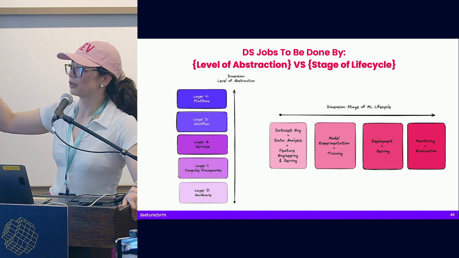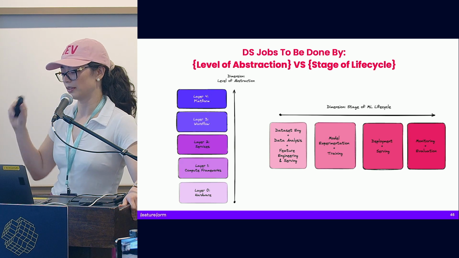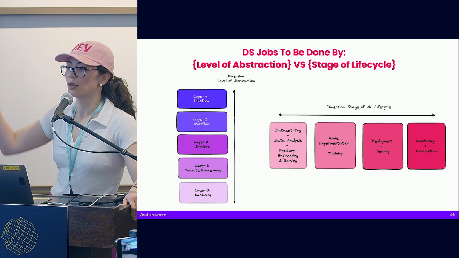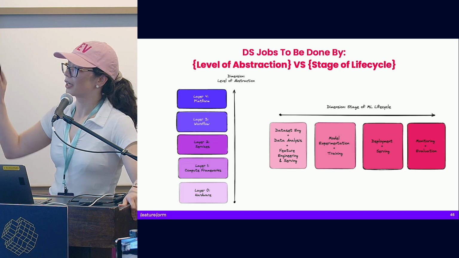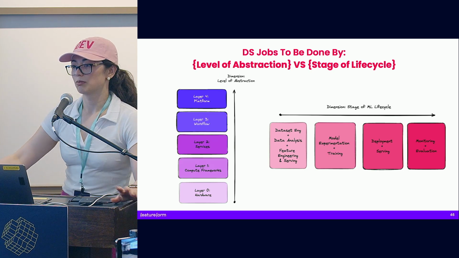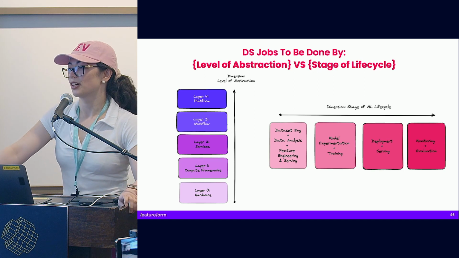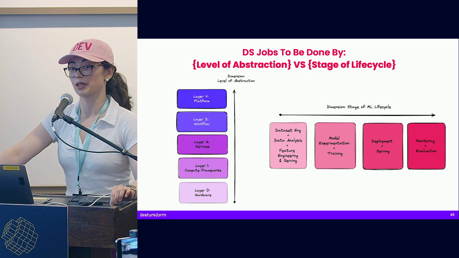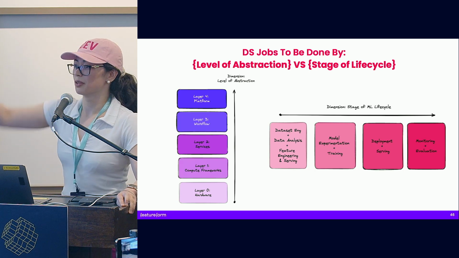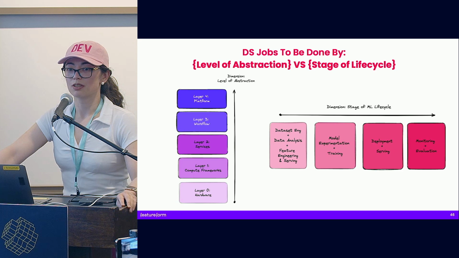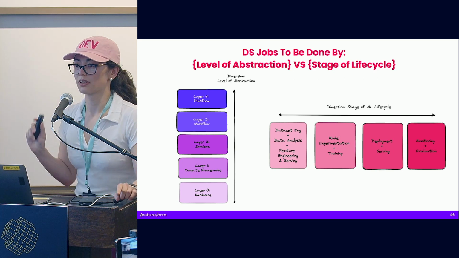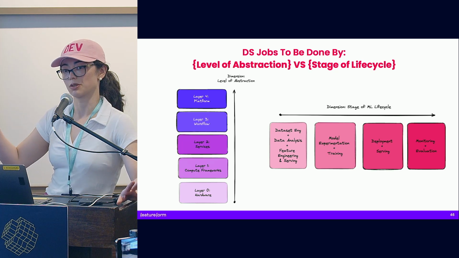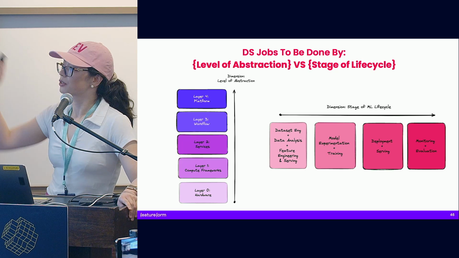Ideally, this should be relatively smooth, though I know for a lot of people it's not. And once you've deployed and served it, the job doesn't end there. You do want to monitor and evaluate it. And hot take, in case anyone cares: if you are a company that cares about LLMs and you're going hard on that, and you're not going hard on monitoring and evaluation, it's called being on the hype train. So you should be caring about this stage, especially if you're doing the whole large language model thing. So those are the 4 stages.